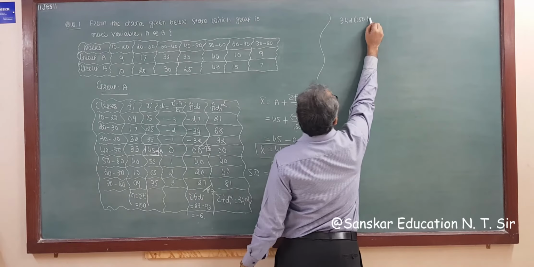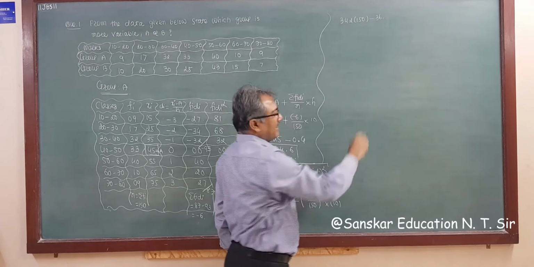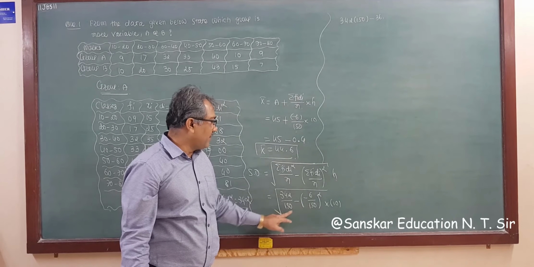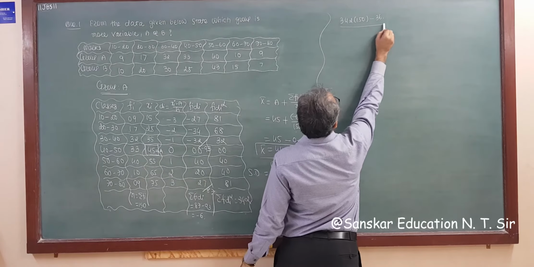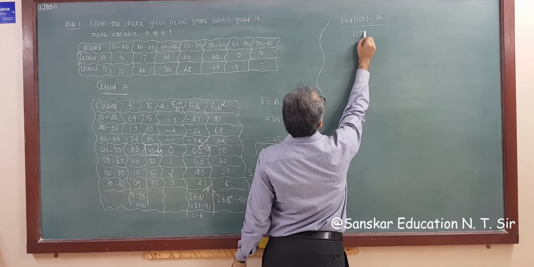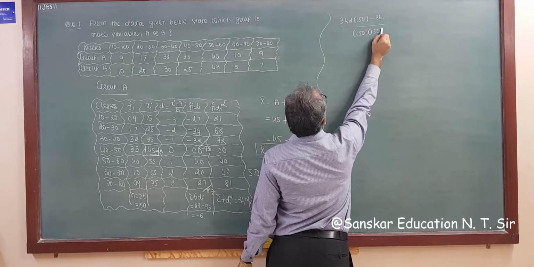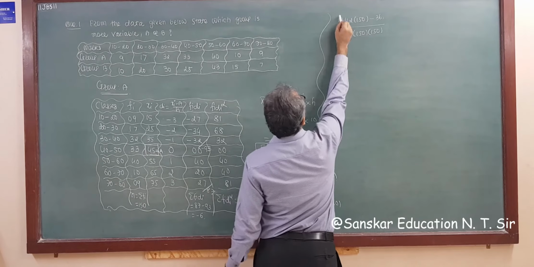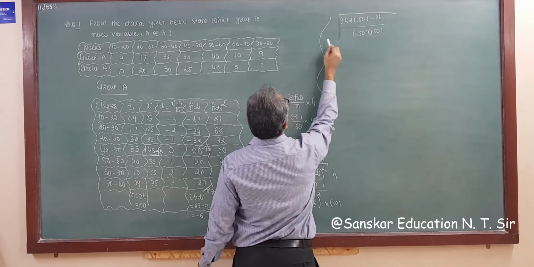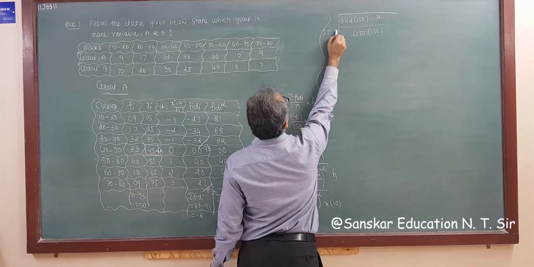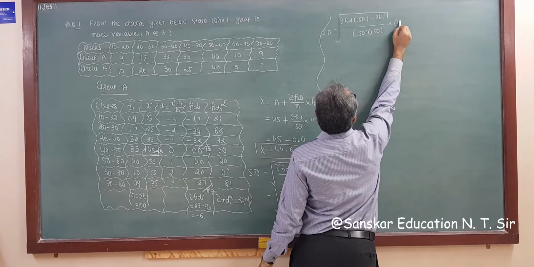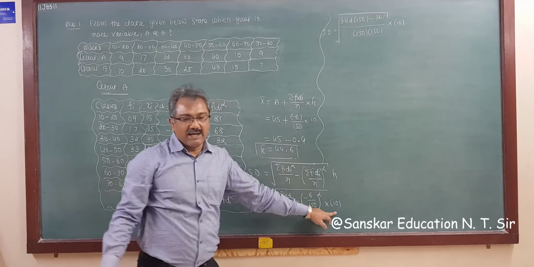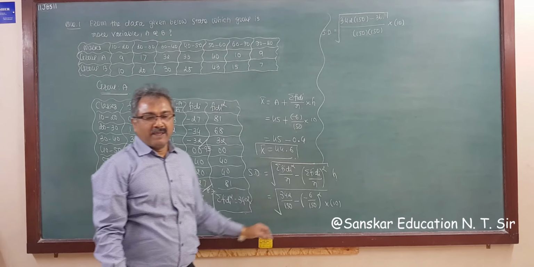So this is minus 36 upon 150 whole square, all in square root. This is our standard deviation, and after this we have to multiply by h, that is 10, as it is.